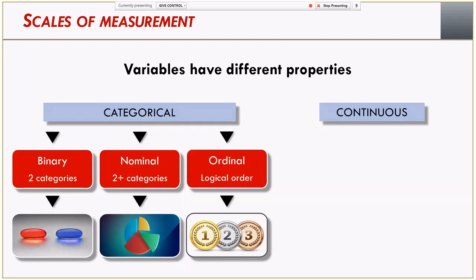So the next group of variables are continuous variables, and these are where the thing that you are measuring gets a distinct score on a scale.